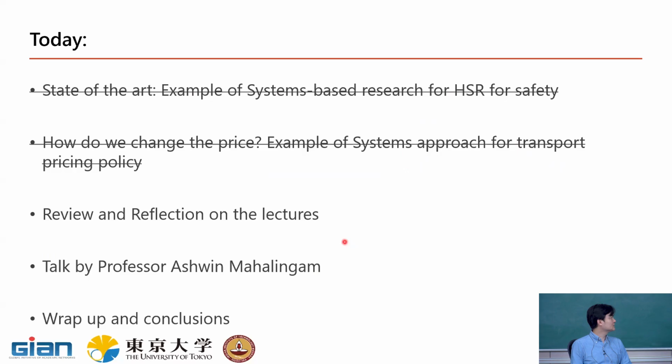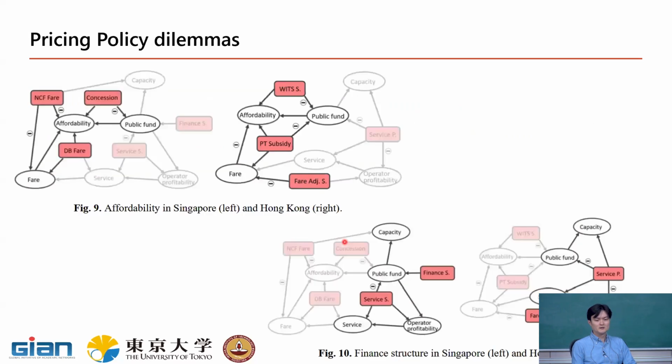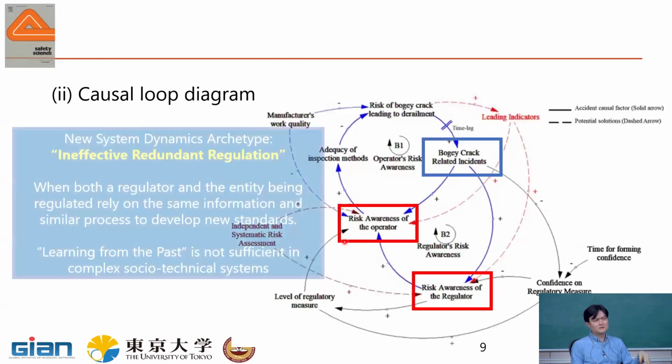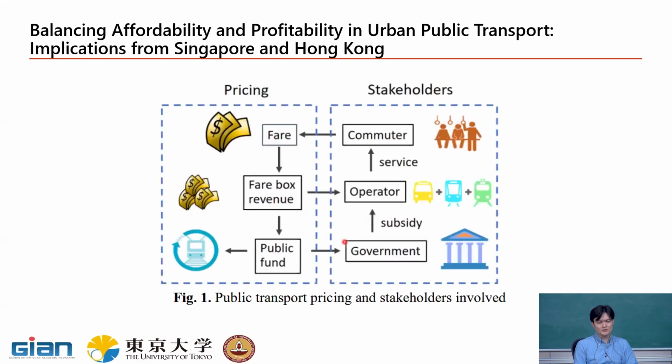All right. Any questions, comments, something I can clarify? Yeah, so the first example, we looked at government operator, also subcontractors and systems having an impact on safety. We want to show that systems can help explain why the safety accident happened. Second example, quite different, but just how do you change the price? It's actually very complicated how people change prices.